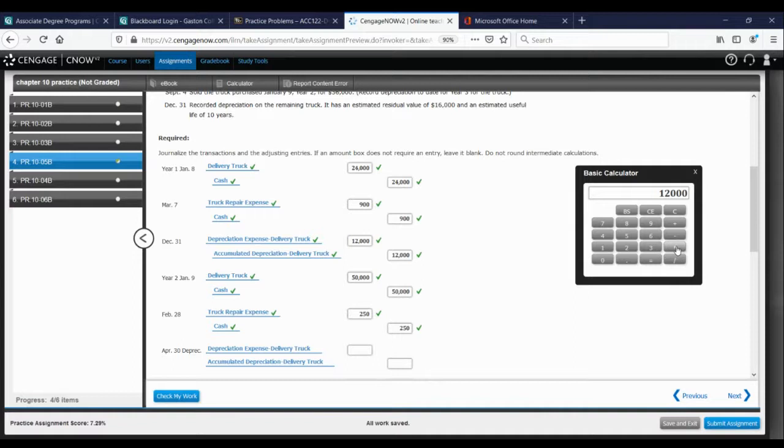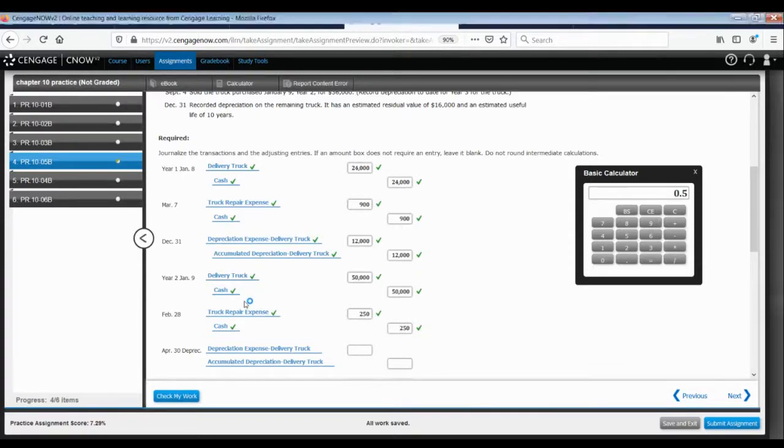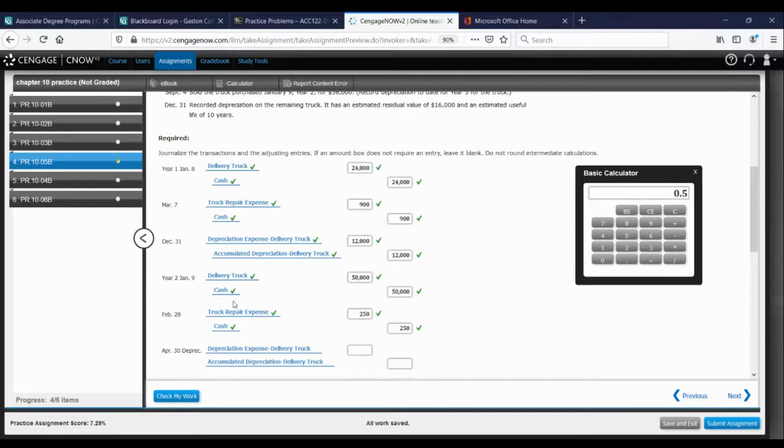The straight line rate was 25%, and we multiplied it by 2 to get twice the straight line rate of 50%. So 12,000 is going to be multiplied by 50%. What that would do is give you the annual depreciation, but this is not for a full year. It's only for 4 months because we're bringing the depreciation up to the date of the sale.